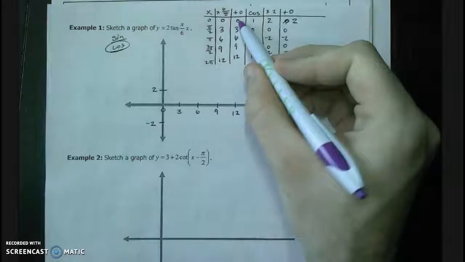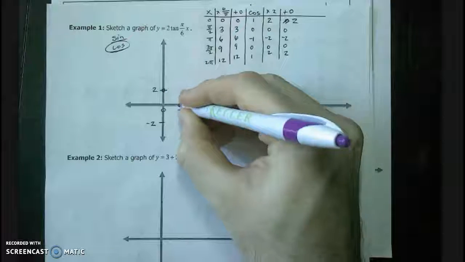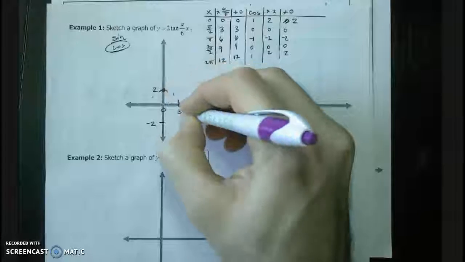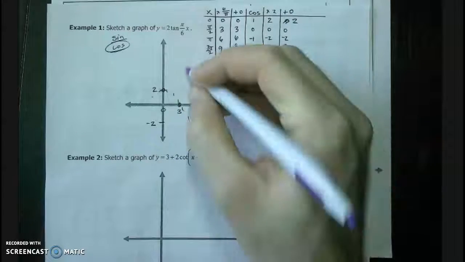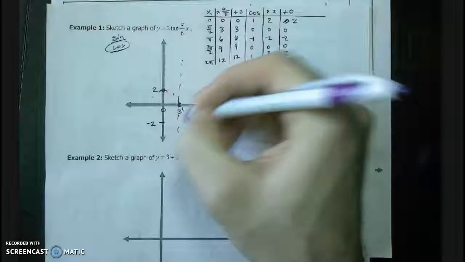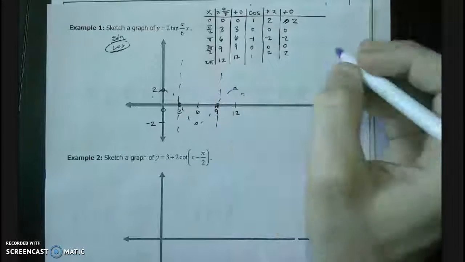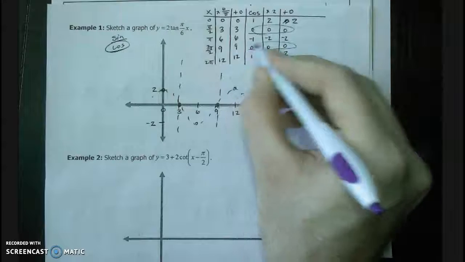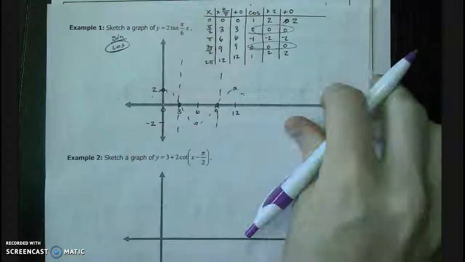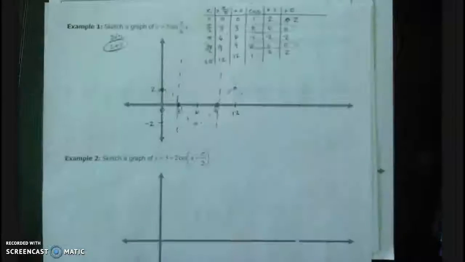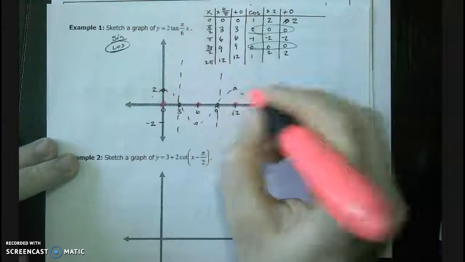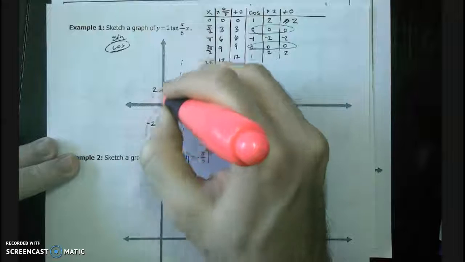So 0 is at 2. Make a dotted curve. Anywhere where it crosses the sinusoidal axis is a vertical asymptote, and that's everywhere where there was a 0 for the cosine. And then we're graphing tangent, so you put a point on your sinusoidal axis at 0, 6, and 12, and it curves up.